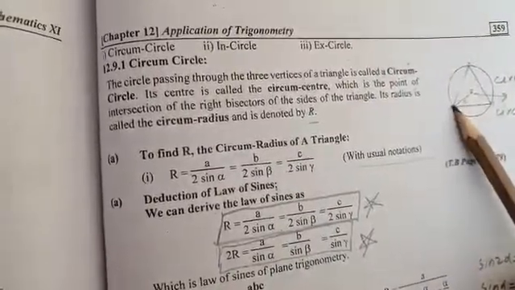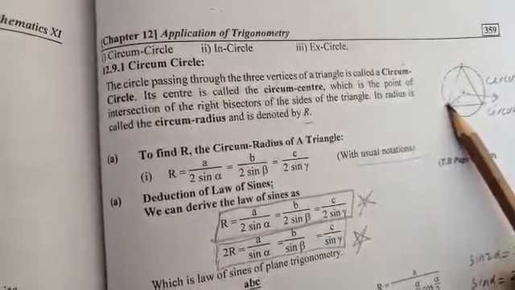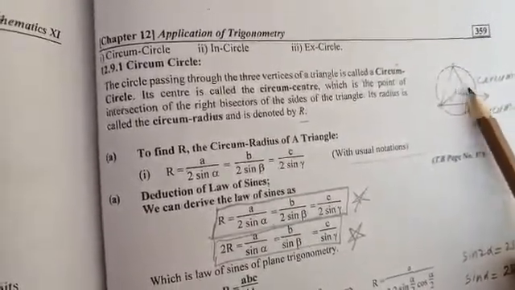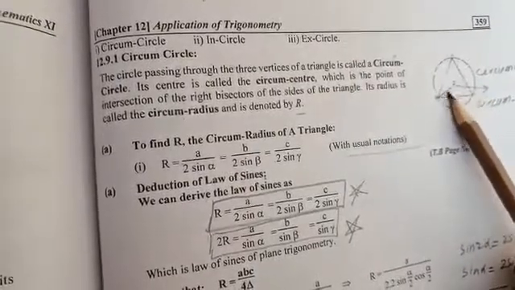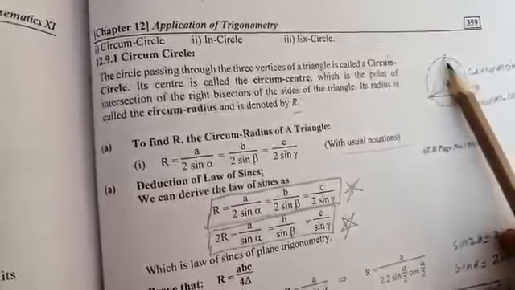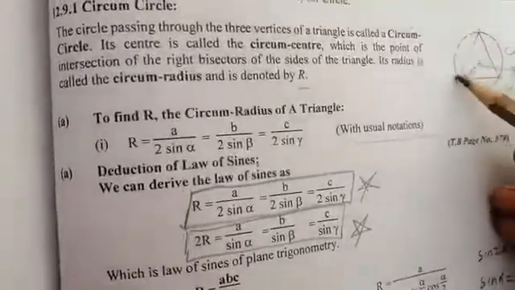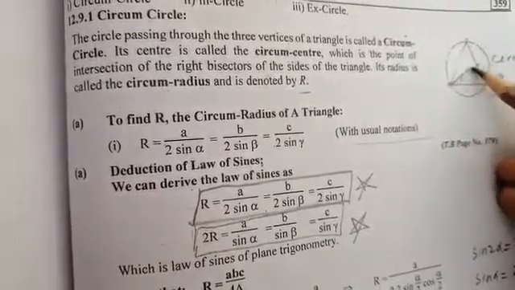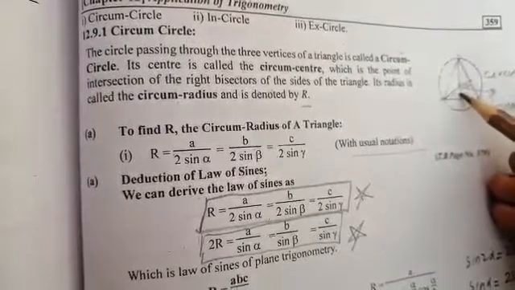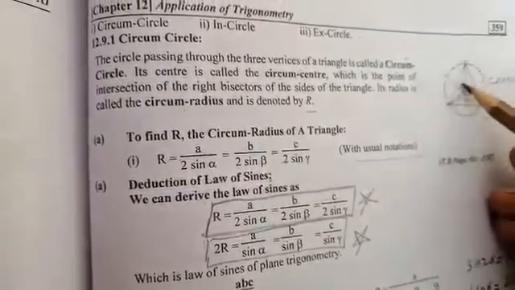It means if we draw right bisectors on the sides of triangle, the lines which make angle 90 with the side. Now if we draw three right bisectors, like first this one, and second which makes angle 90, this one, and third this one.